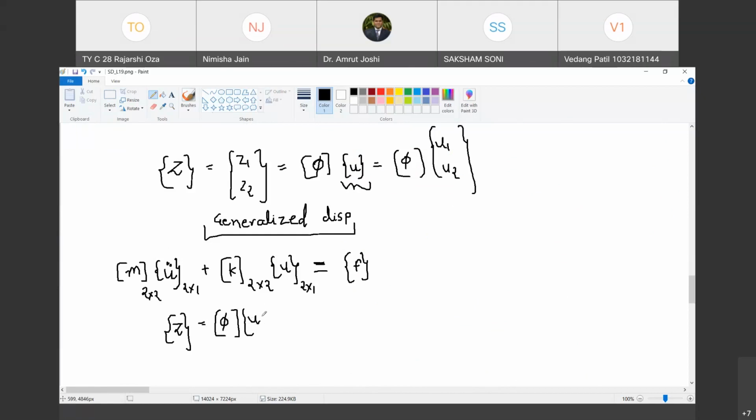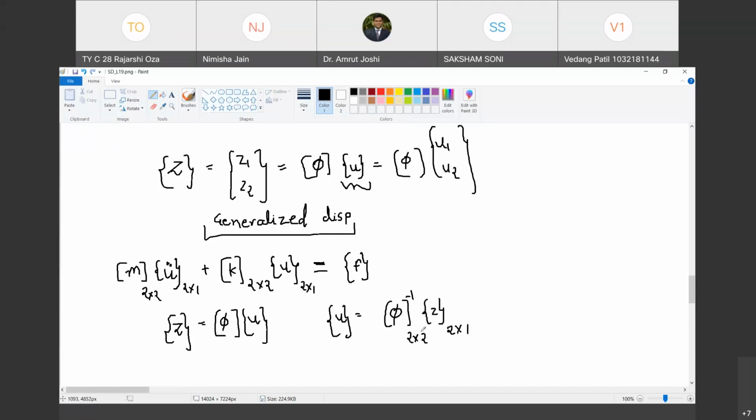So can you tell me what is u? u is equal to phi inverse z. What is the size of the phi inverse matrix? It is 2 cross 2. What is the size of the z matrix? It is 2 cross 1.